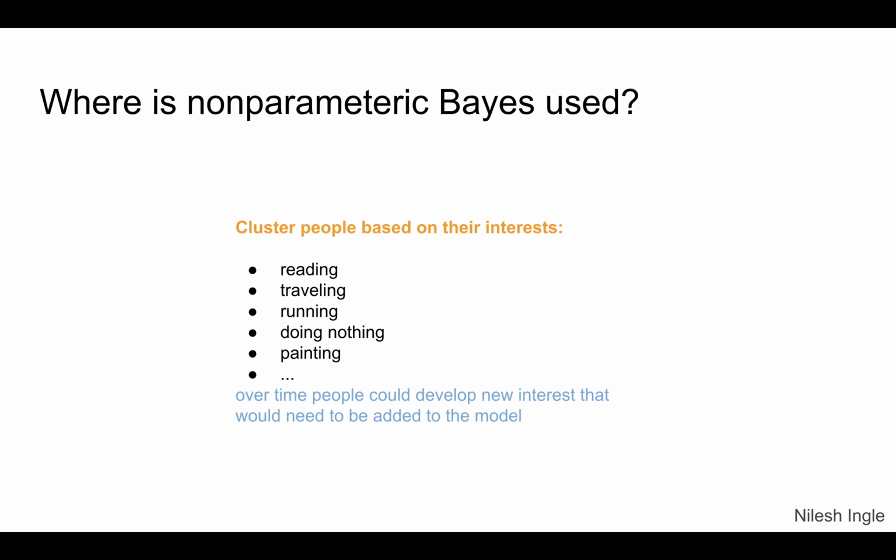Another example is, let's say we are trying to segment people based on their interests. So let's say in the month of January, the interests of a particular group of people, a cluster in a dataset, are reading, traveling, running, doing nothing, just lying around, or painting. And there may be others as well.